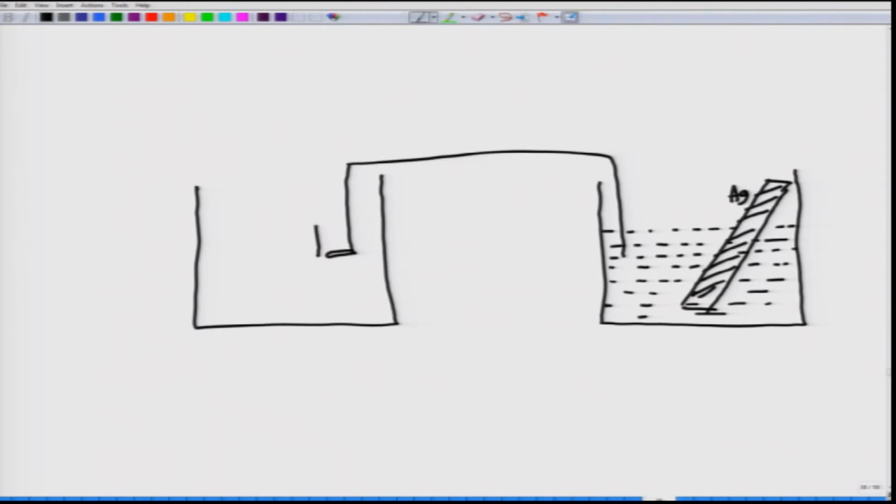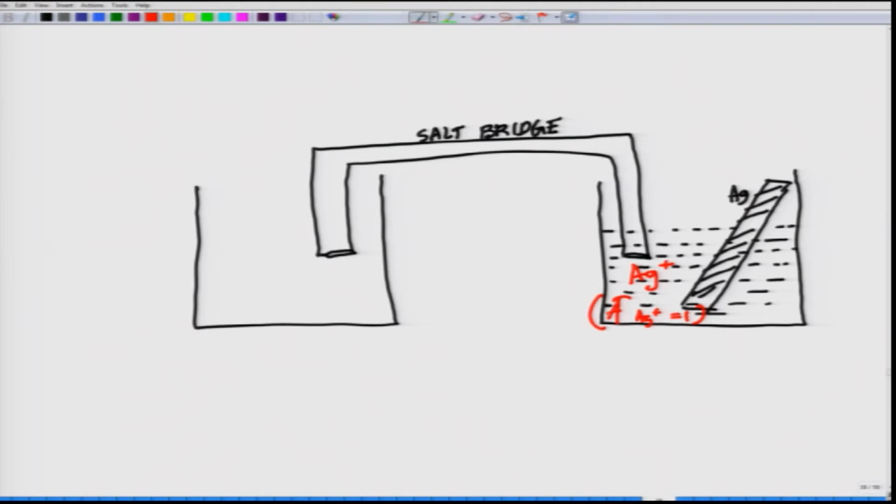I am not getting into the depth of the salt bridge anymore because we have already dealt with it in the previous 2 classes. So here your activity of Ag plus is equal to 1.